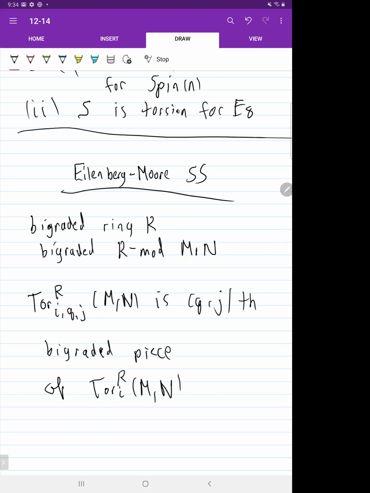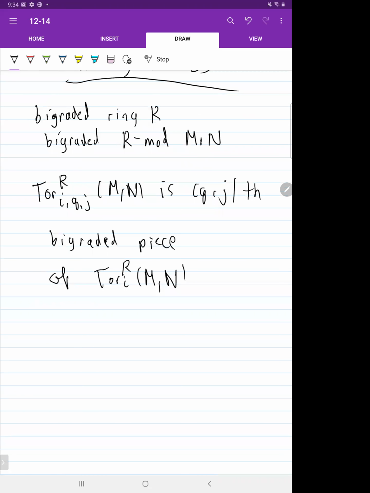Okay. Then we have the Eilenberg-Moore spectral sequence. And in this generality, it's due to Krishna, though there were some special cases considered by people earlier.